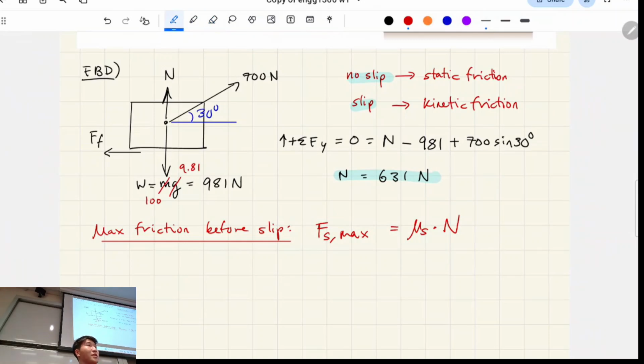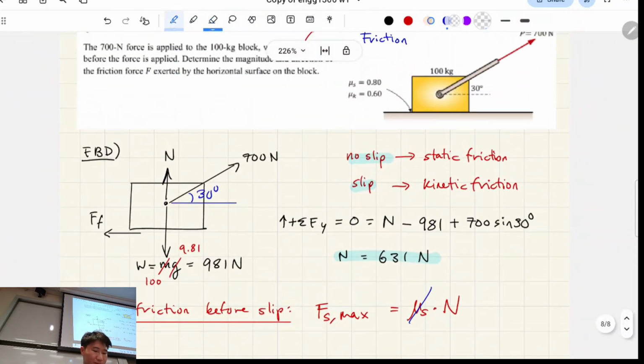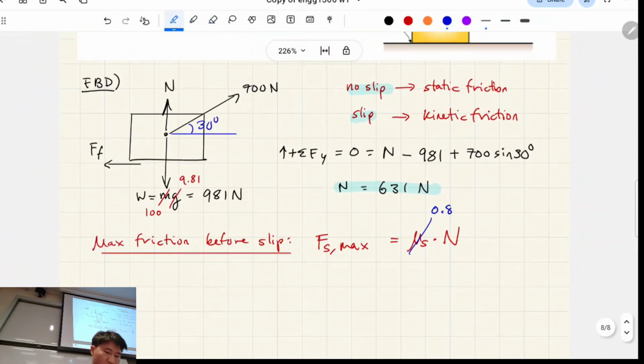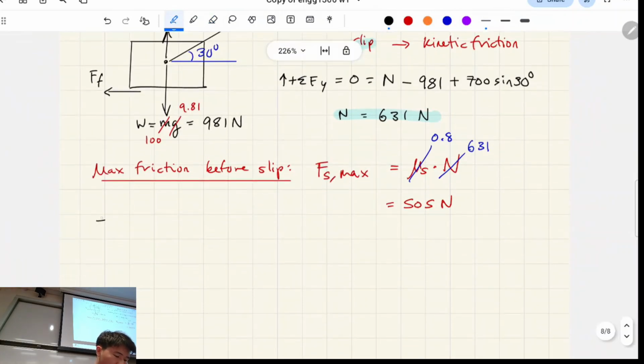So the max before the static friction actually becomes kinetic, like it starts moving, right? And so this coefficient, we're going to use 0.8. And for the normal force, sub in the normal force which we've worked out, right? So the max it can be is 505 newtons, right?